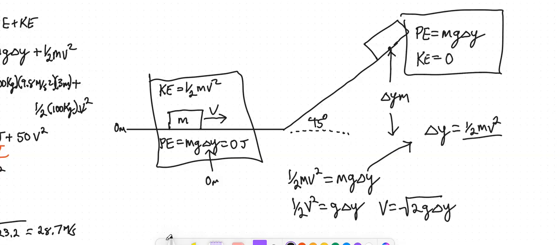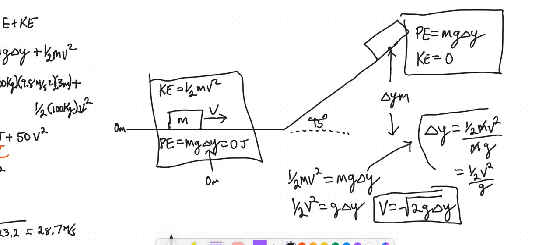We can divide that by the mass times the acceleration due to gravity. These masses will cancel out, and that should give us 1/2 the velocity squared divided by the acceleration due to gravity. So this formula here will give you the velocity of the object if you start it at the hill and then let it slide down. And this formula here will give you the vertical height of how high it will go if it's traveling across the ground and then goes up the incline like that.